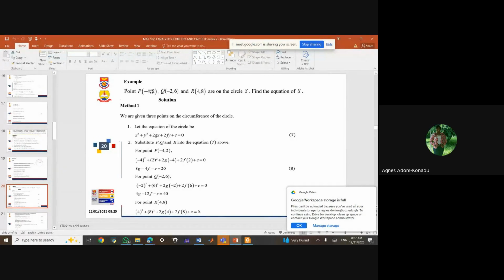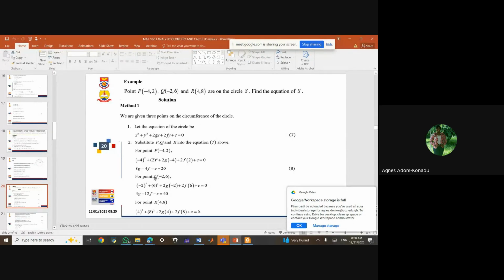So we substitute the coordinates of P. P is (-4, 2). So in place of x, I substitute -4, and in place of y, I substitute 2. So I have (-4) squared plus 2 squared plus 2g(-4) plus 2f(2) plus c equal to 0. You simplify, you're going to get 8g minus 4f minus c equal to 0. So that is for the first one.